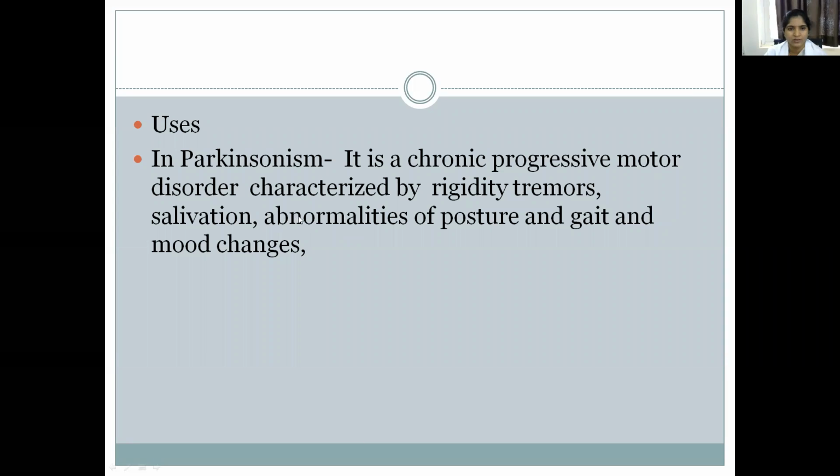So to reduce these symptoms, levodopa is given along with carbidopa. Levodopa and carbidopa are used in Parkinson's disease, a progressive motor disorder characterized by mask-like face, tremors, salivation, abnormalities of posture and gait, and also mood changes.